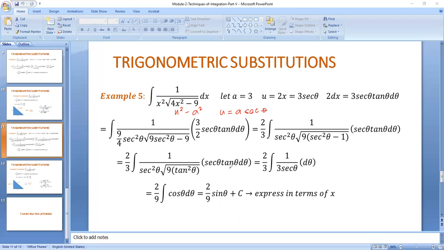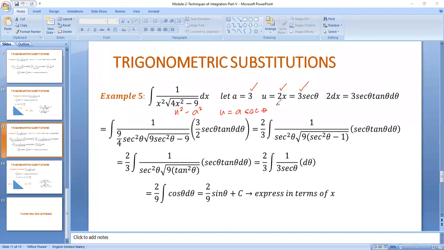Of course, you need to identify what your u is. So if it's 4x squared here, your u is 2x. What is your a? If your a squared is 9, it is 3. So you see here, 2x equal to 3 secant theta.